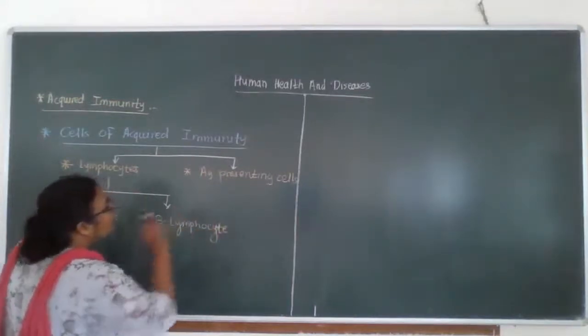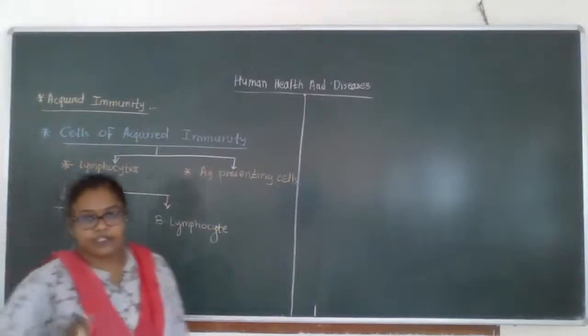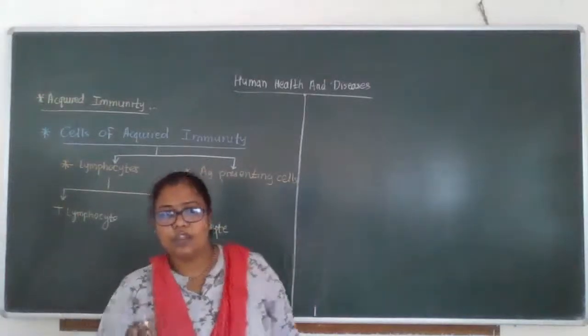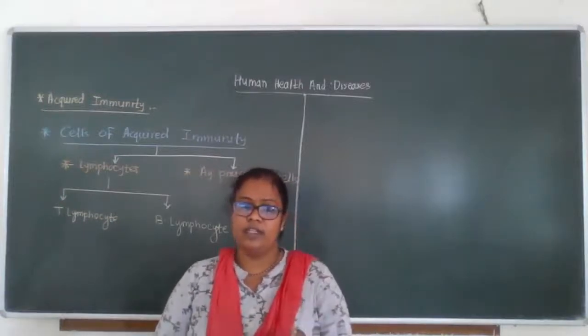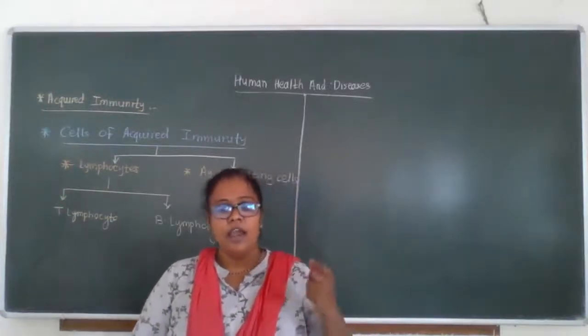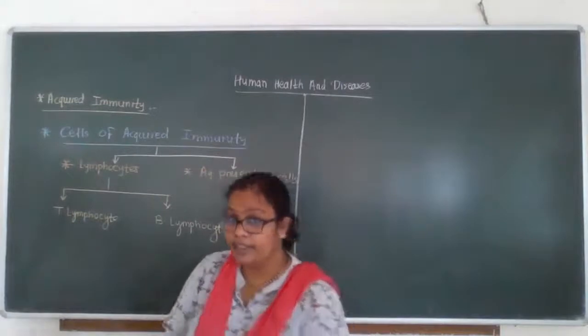In our previous video, we have studied that there are two types of immunity shown by humans. One is cell-mediated immunity, and the other one is humoral immunity, right?